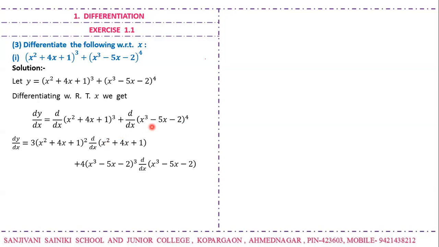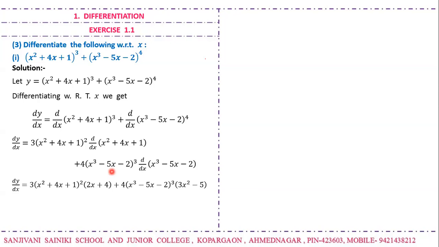On the same line, here also we will treat this x cube minus 5x minus 2 as f of x. So f of x raised to 4 and its derivative is 4 times f of x raised to 4 minus 1, it's 3, into f dash of x. f dash of x means d by dx of x cube minus 5x minus 2.